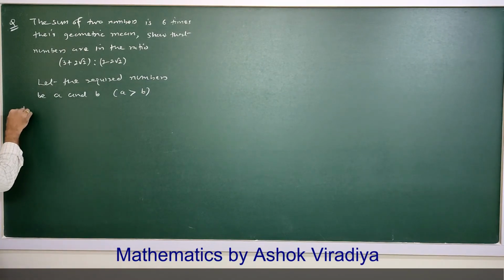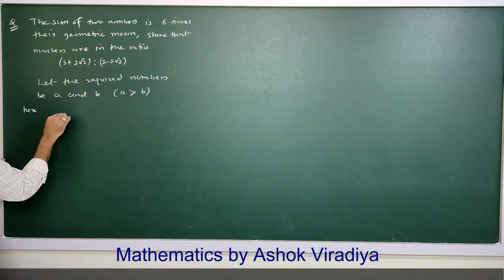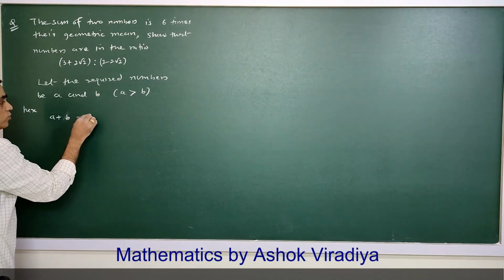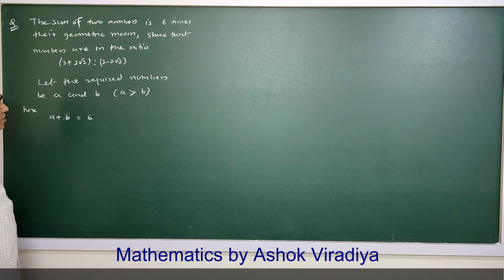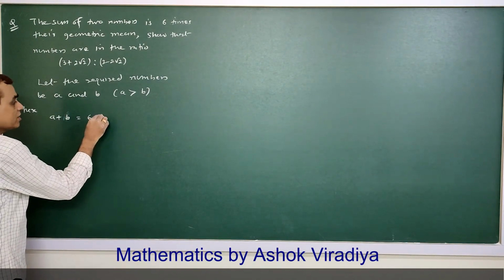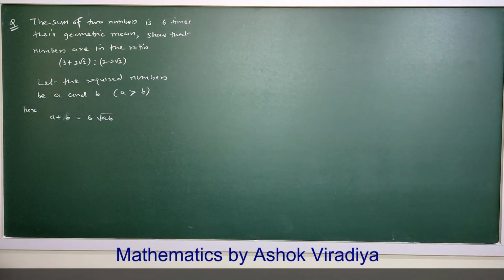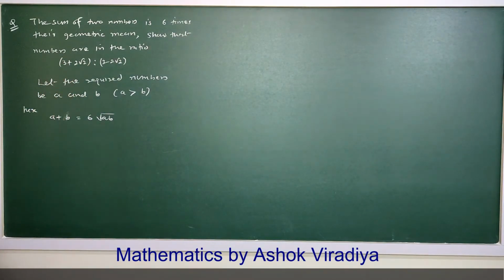Now given that the sum of two numbers, A plus B, is equal to 6 times their geometric mean. The geometric mean of A and B is root AB. So from this relation we are going to find the ratio of those numbers, that is A is to B.